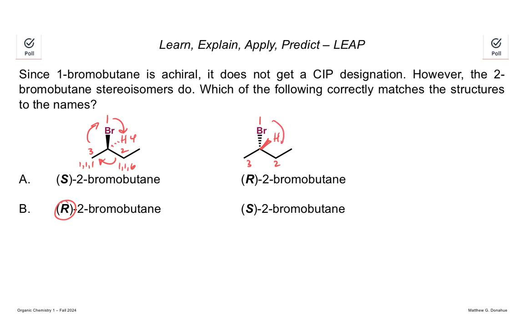You'll notice you're still going clockwise, but since that's towards you, you figured out it was R, you just reverse it to S. But once you figure out a stereocenter for 1 carbon, the mirror image has to be the other one.